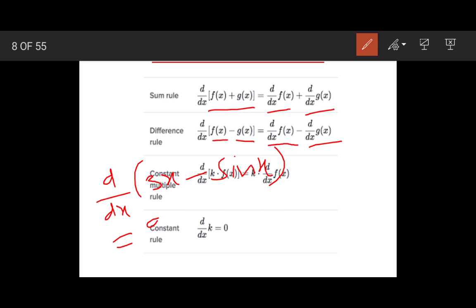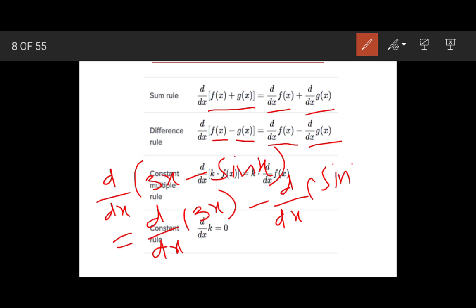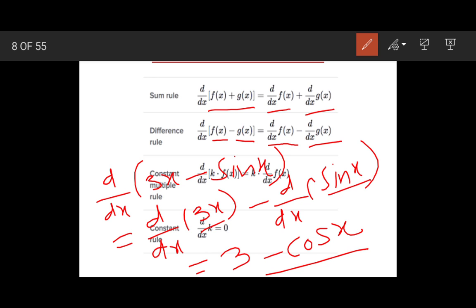Then that is equal to derivative of 3x minus derivative of sin x. Now derivative of kx is k, so derivative of 3x will be 3, minus derivative of sin x. Derivative of sin x is cos x. So 3 minus cos x.